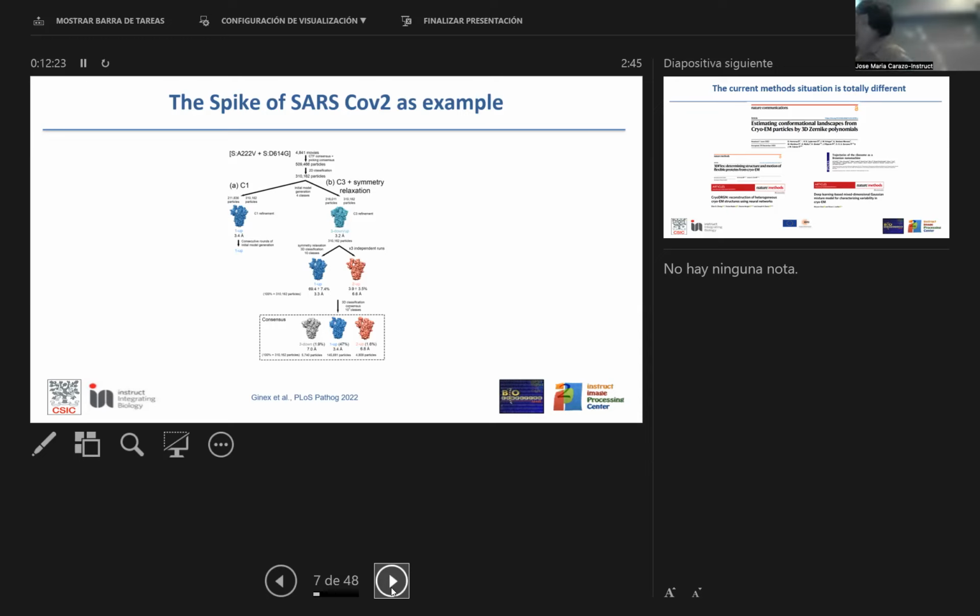The point is that since you have to guess the number of classes, the typical workflow is a complicated hierarchical workflow in which you are guessing the number of classes, trying to get those that are clearer and discarding some, and things like that. We acknowledge that this works very well in many cases. At the same time, if you have a situation with continuous flexibility, when you don't have a small number of very stable states, this is going to give you problems.